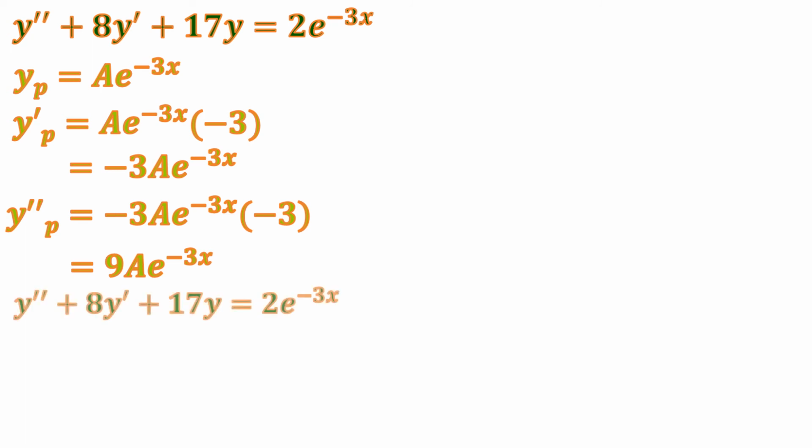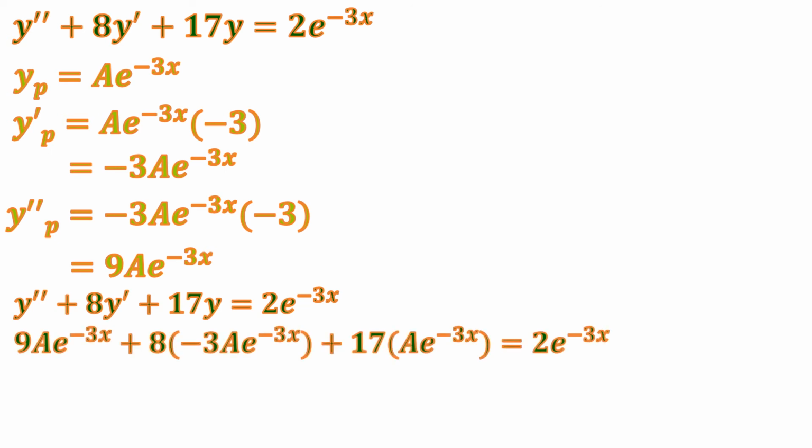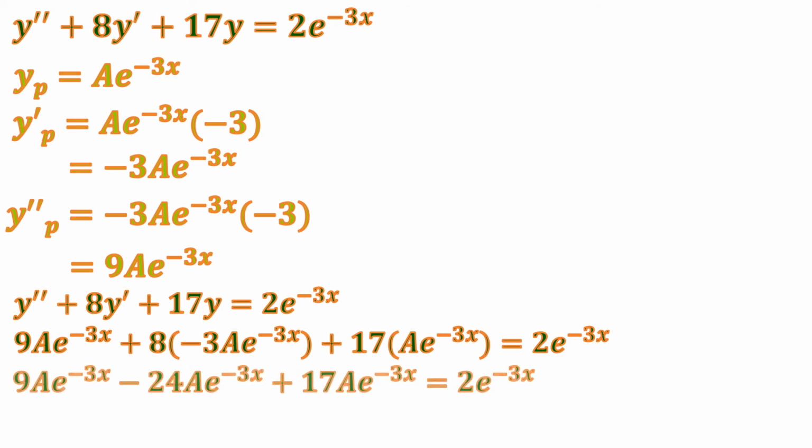And so let us substitute from the given, substitute all for the y prime, y double prime, and the y. And then we are going to simplify. 8 times negative 3 is negative 24. 17 times a is 17a. And also we can combine them. 9a minus 24a plus 17a, it's all 2a.